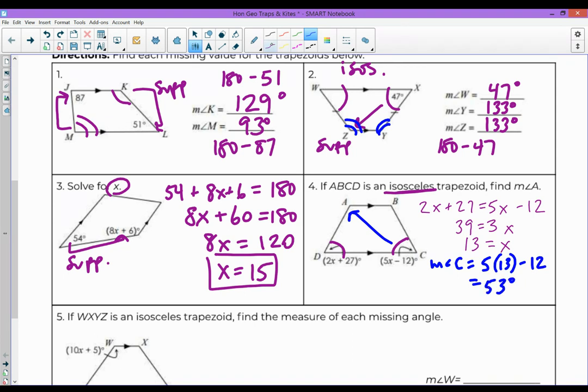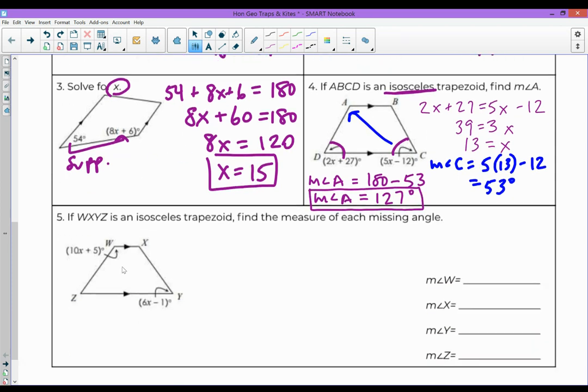So then the measure of angle A is 180 minus 53, because those are supplementary. And then that's 127 degrees. Okay.